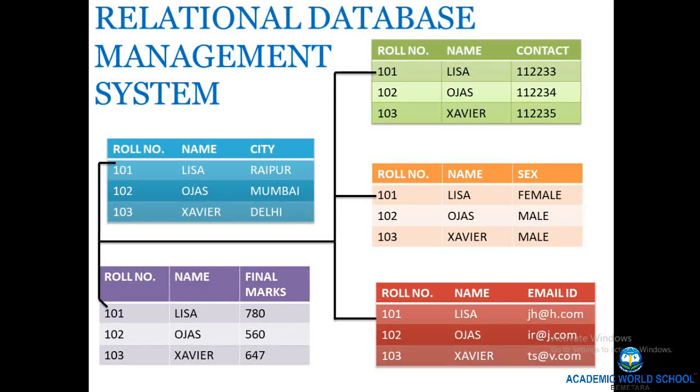If Lisa's roll number is 101, then we can't allot 101 to Ojas or to Xavier. I have used this black line to make you understand that I have connected all these tables and formed the master table that has all the data we were watching previously in those separate tables. Now what is the word relational about?